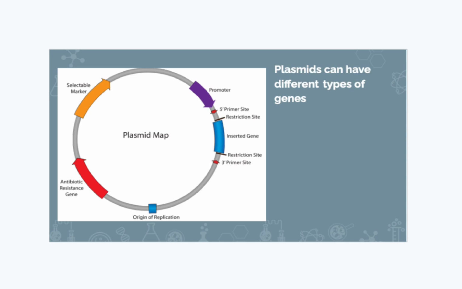The RBS, or ribosome binding site, contains a special DNA sequence that says, hey, start converting the gene into an RNA from here. It's labeled as the 5' primer site on the diagram. The gene of interest, labeled as inserted gene on the diagram, is the genetic sequence for whatever protein or enzyme or thing you're trying to make. And lastly, the terminator tells the bacteria, hey, stop making the protein here.